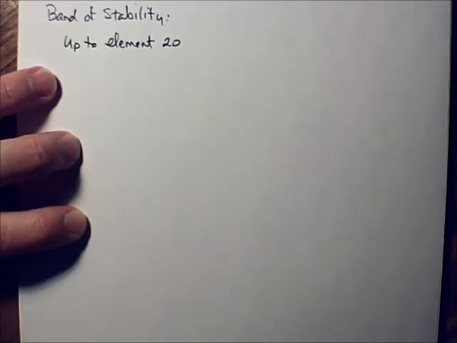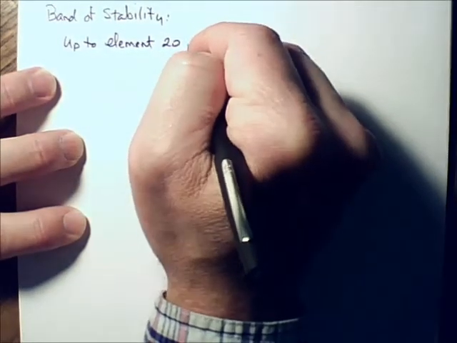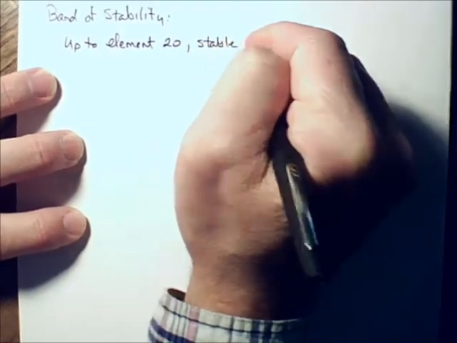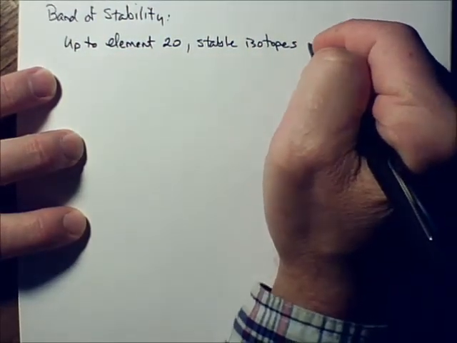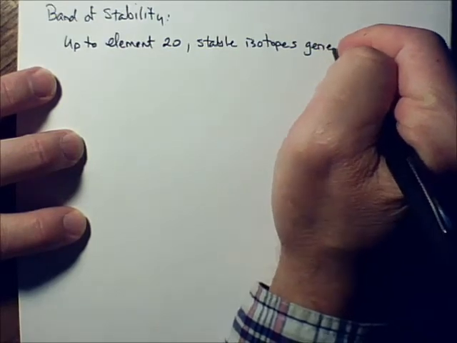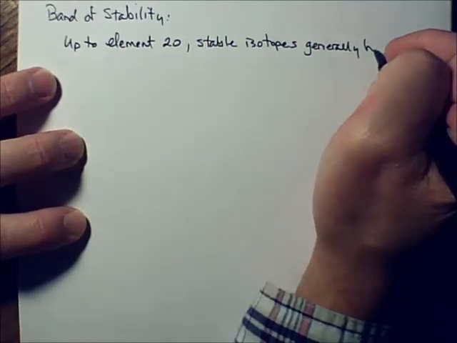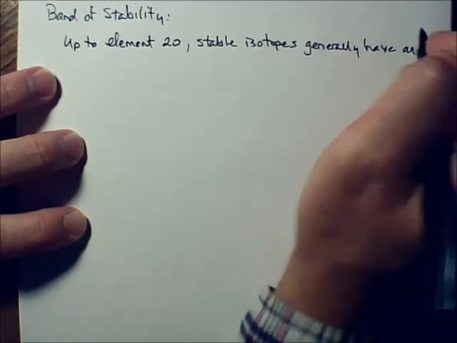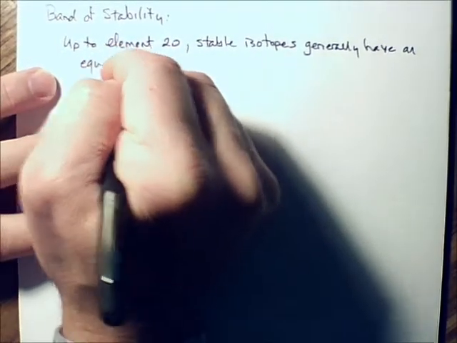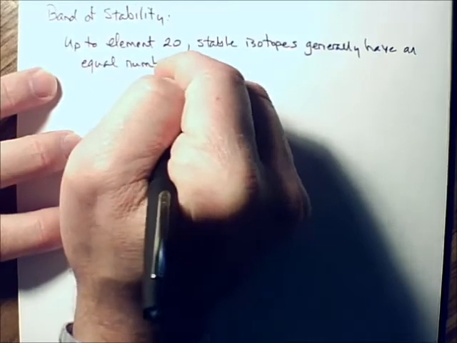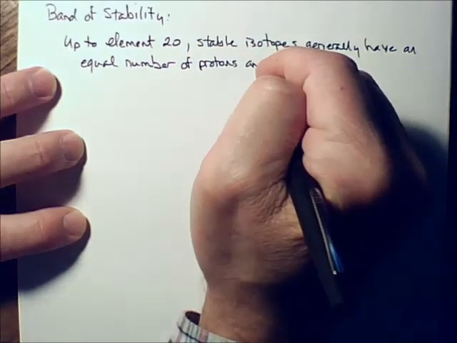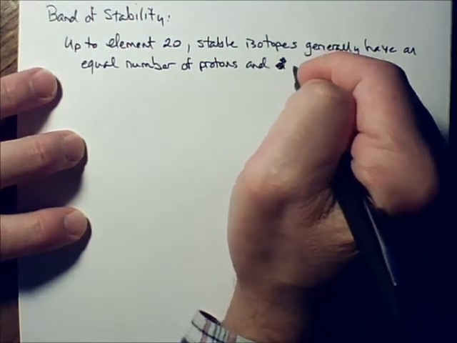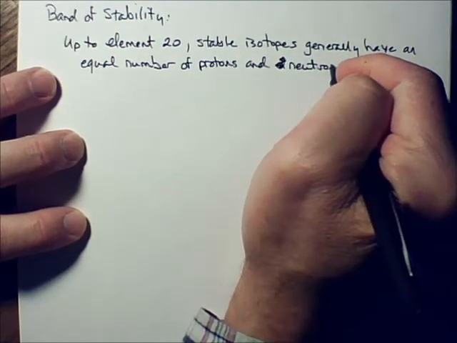And we'll do the graph for this tomorrow. Up to element 20, stable isotopes generally, roughly, have an equal number of protons and neutrons. Okay?